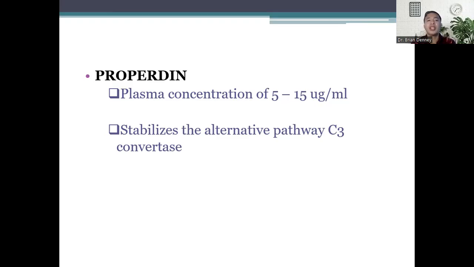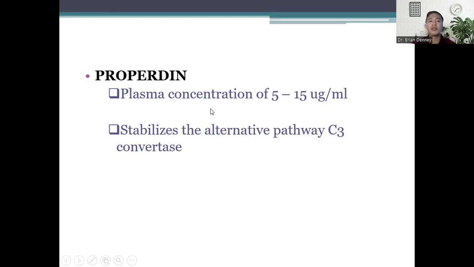And take note, in the alternative pathway, the C3bBb is very unstable, unlike your C4b2a, which is very stable. And so we need another complement protein named properdin, which causes stabilization of your C3 convertase.